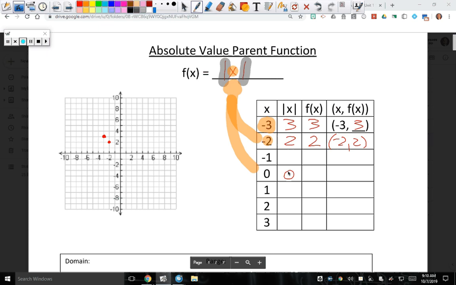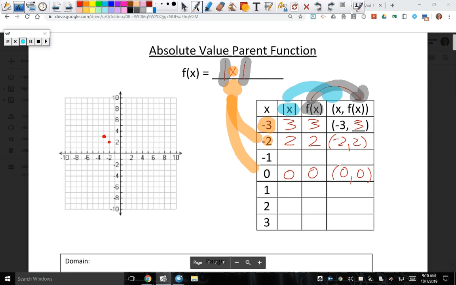So yes, f of x would equal 0. Guys, just a reminder, all we're doing is an XY chart. So these are x values, and these are y values, and we're just going to put them as a point where they're located. Okay?